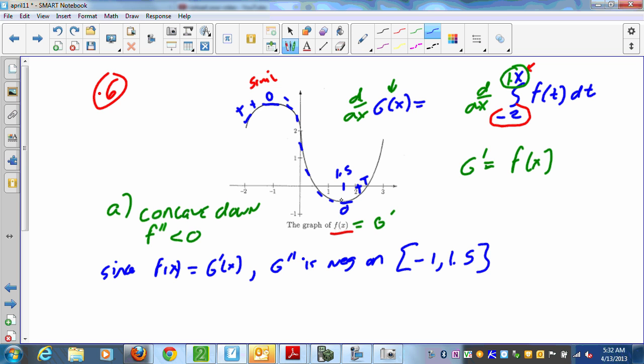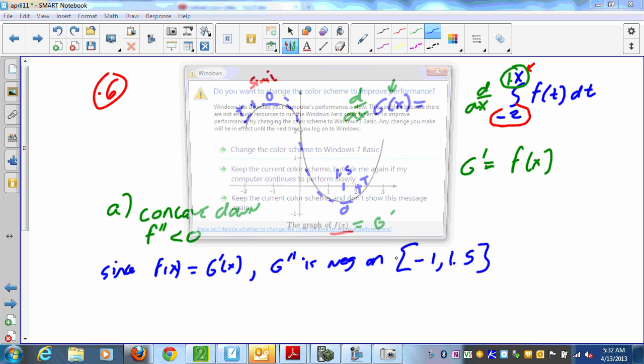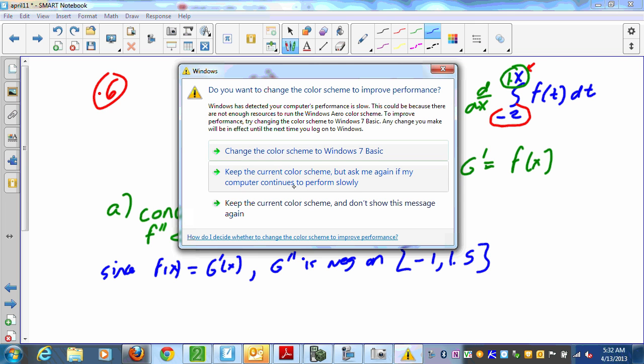And then of course you have your inflection points here. So this would probably be good justification.